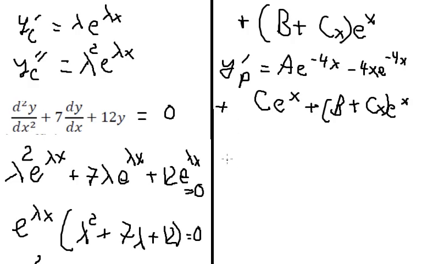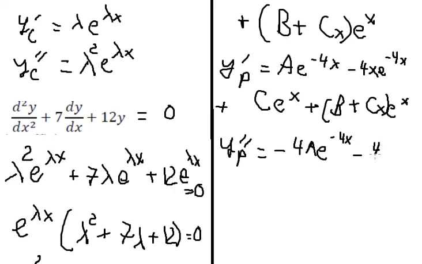Now we go to the second derivative. We do the first derivative of this one, so we have negative 4a e to the power of negative 4s. Later we do the first derivative of s.